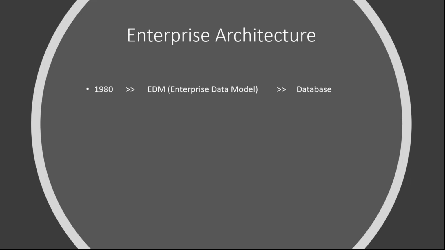And the name of that particular project is EDM, Enterprise Data Model. So they tried to use a database to create a global schema as an enterprise architecture that will manage the application that is running worldwide. That was the approach that first came.